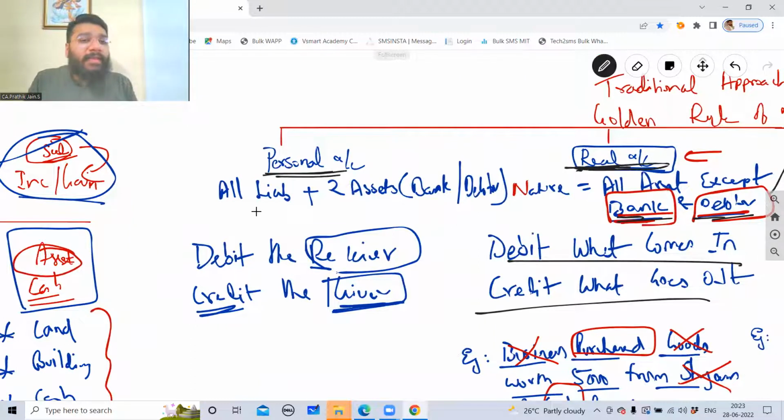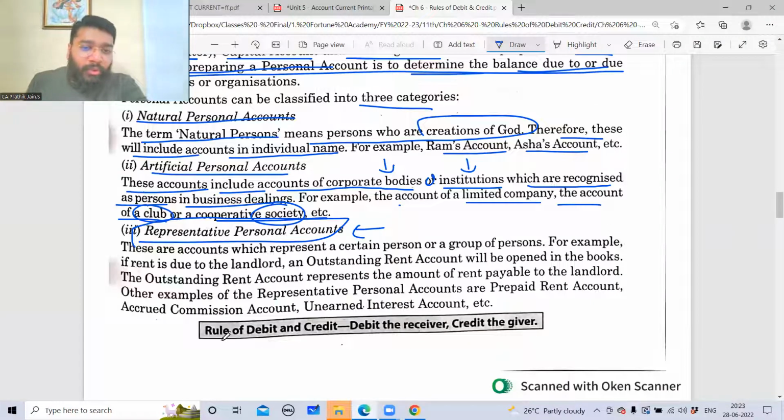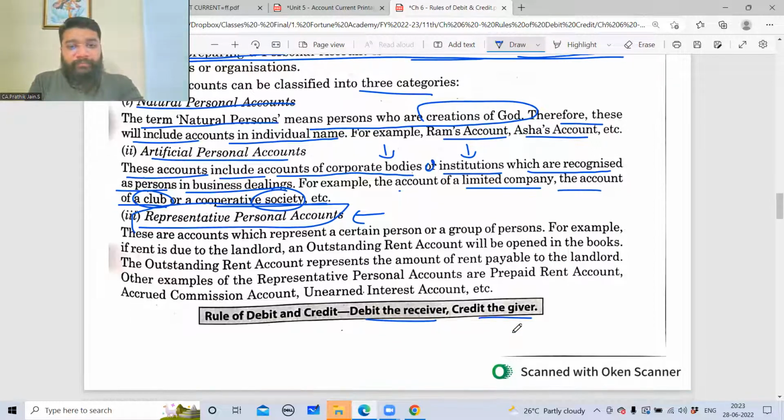So the personal account takes care of all liabilities plus two assets plus two more assets, which are prepaid expenses and accrued income. So this is the rule, guys. Now tell me if you have any doubts. The rule here is debit the receiver, credit the giver.